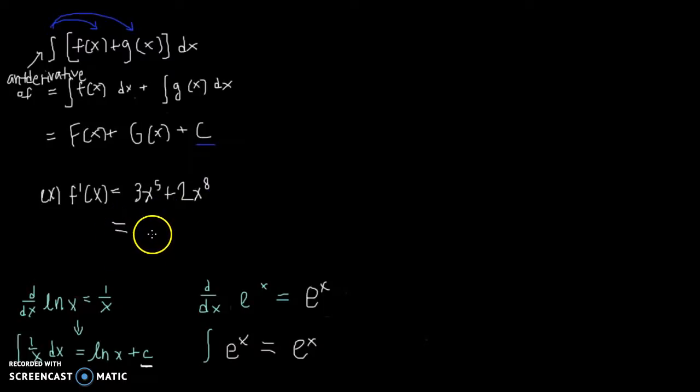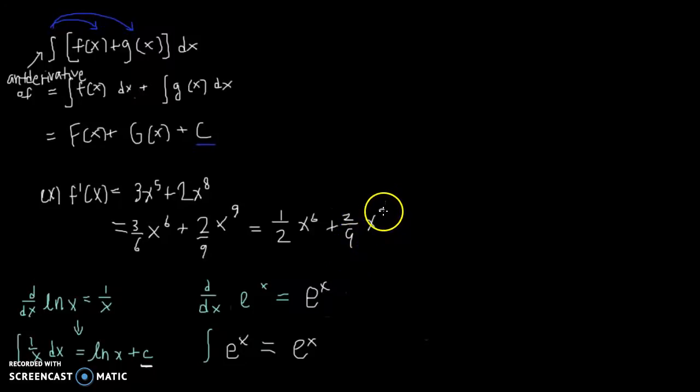It's going to be the same thing. So 5 plus 1, which is 6, and then 3 over n, which is 6, plus 2x, and then add 1, so it's x to the 9, and then 2 over n, which is 9. It's going to be 1/2 x to the 6th plus 2/9 x to the 9. And this is going to be f of x.